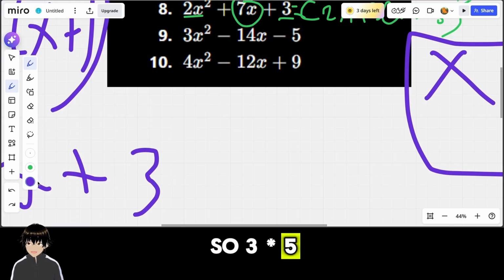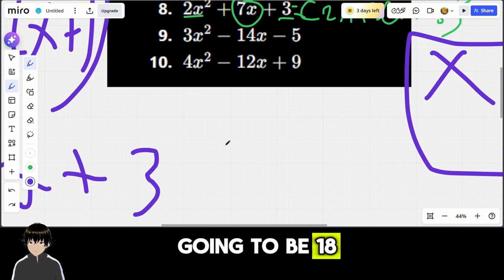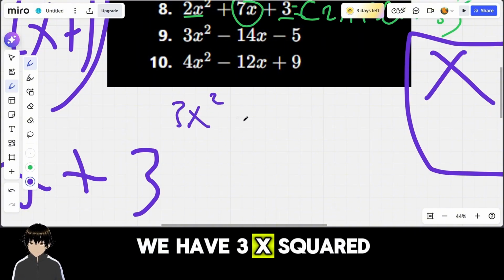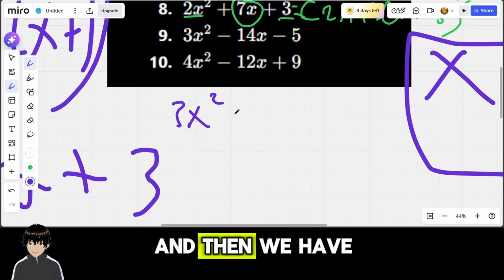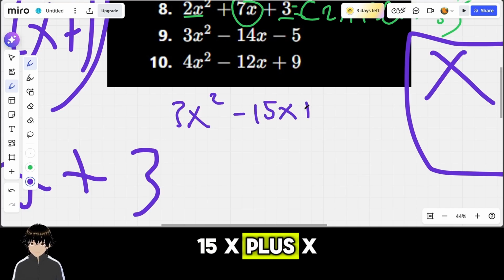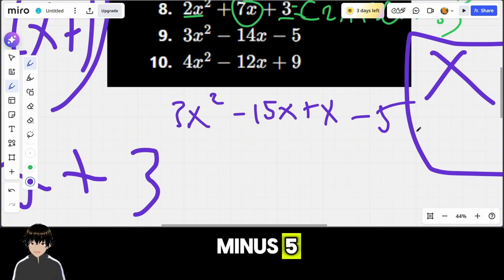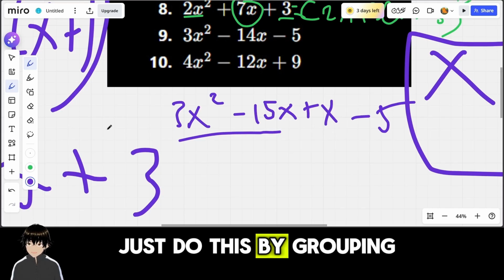So 3 times 5 is going to be 15, and then we have 3x squared, negative 15x plus x minus 5. And then we just do this by grouping.